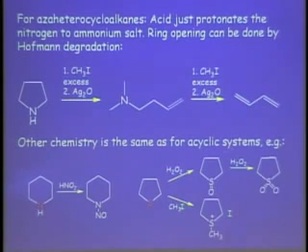So other chemistry is the same as for the acyclic system. To remind you of a couple of these, for example, secondary amines. Remember, you can make the N-nitroso compounds by just using nitrous acid. So this is typically done by using sodium nitrite, NaNO2, in the presence of some HCl.